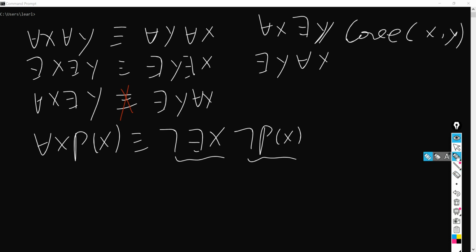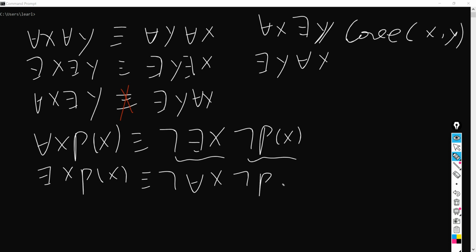And of course, if we have this, which is also equivalent to this equation. Last but not least, there is another thing about equivalence. Sorry, it's about negation.